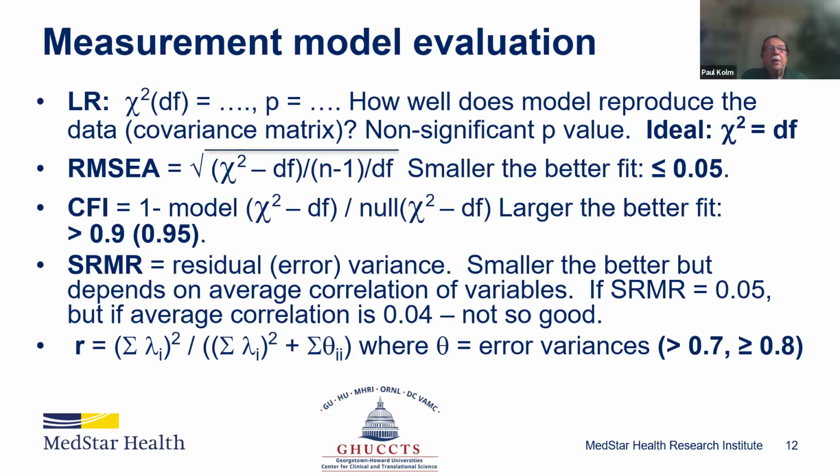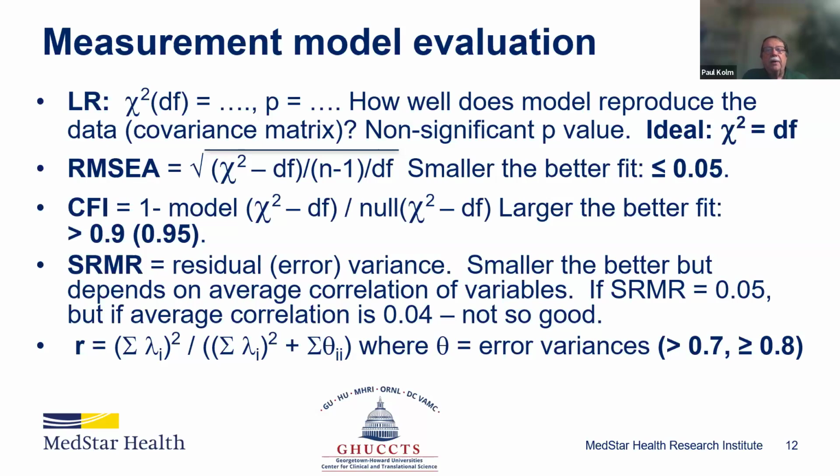And then for the root mean square error, there's a formula for that, but basically the smaller it is, the better the fit. And so here we want to look for something that's less than 0.05. And for the fit index, the larger the better. And so ideally we'd be looking for something around 0.9 or better.